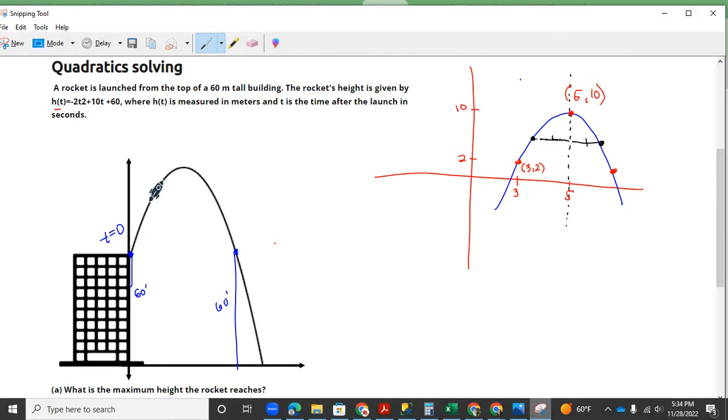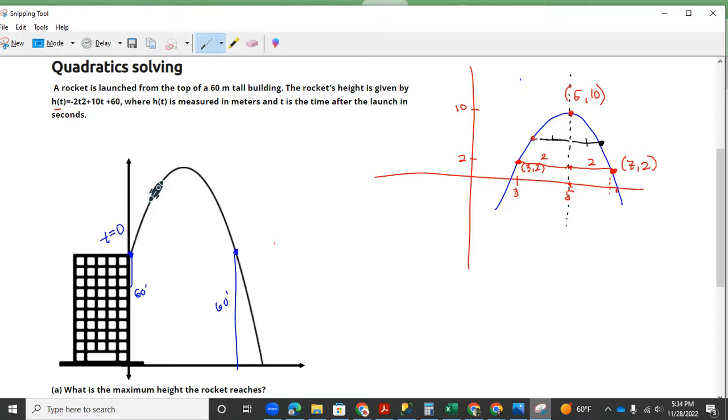How far is this point from the axis? If this is 3 and that is 5, that's 2 units. So this point to this point must also be 2 units. So if that's 2 units and this is 5, this one must be 7. So this must be 7 comma 2, because they have the same y.